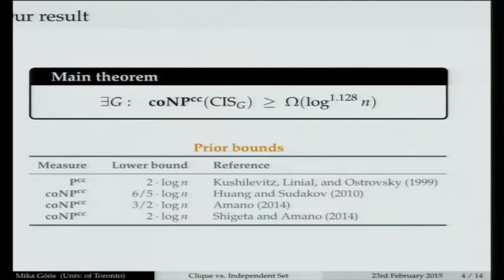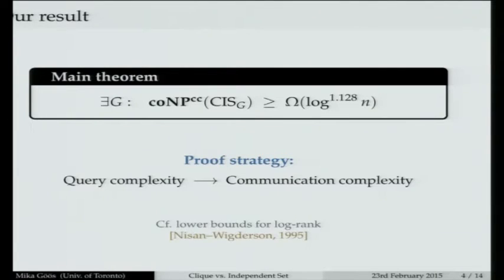Okay, so the way we're going to prove this is using a very different approach to what had been done in previous work. I would say the previous work has done very direct attacks on the problem, whereas we take a more indirect approach. And in some ways, the proof strategy is kind of obvious in hindsight. It's used before.